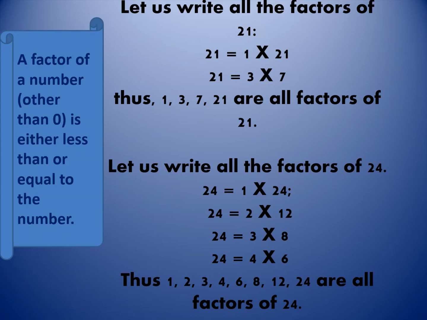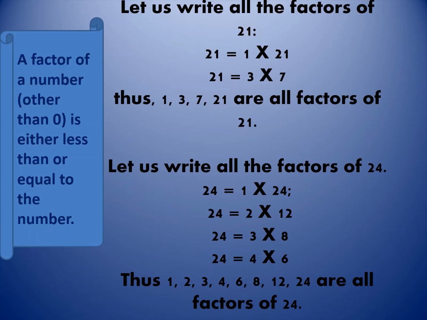Does 21 come in table of 2? No. Table of 3? Yes. Table of 4? No. Table of 5? No. In this way, we shall come to the point that the factors of 21 are 1, 3, 7 and 21.